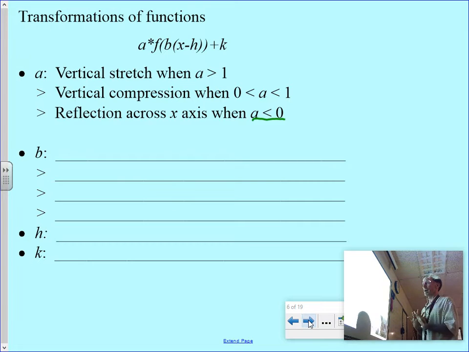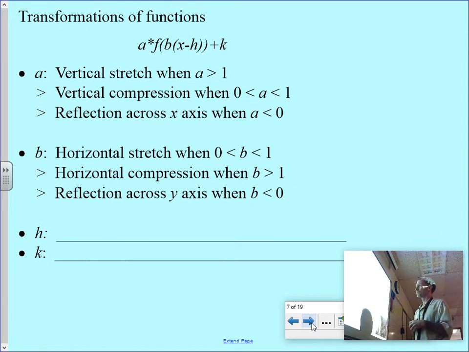How about your b value? In full disclosure, we are not going to deal a whole lot with b values until we get into trig next semester and the sine and cosine functions. But it does do a similar thing as the a, only it's going to be a horizontal change. Notice they're kind of backwards from what a did.